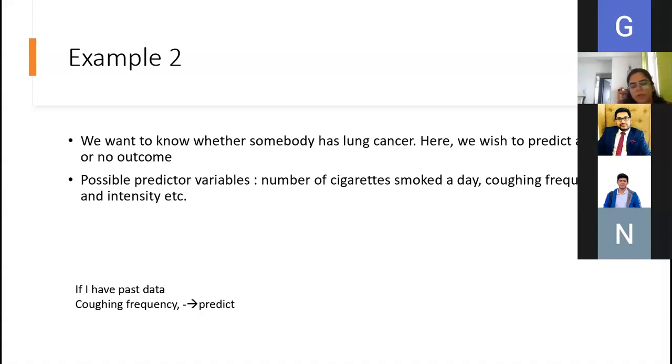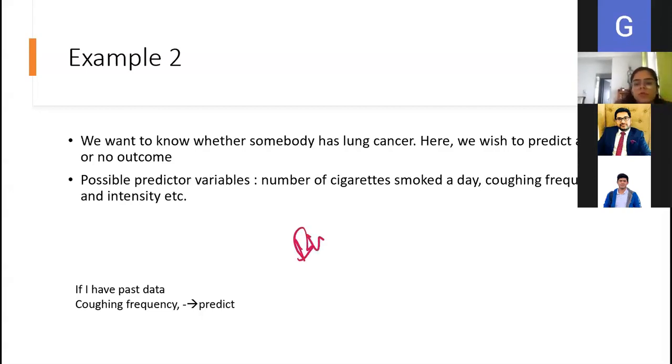What can predict whether a person has lung cancer or not? How frequently does he smoke? Yeah, the number of cigarettes he's smoking. What is the frequency of coughing, intensity of coughing, or other parameters. Nicotine level and blood reports can also be predictors.